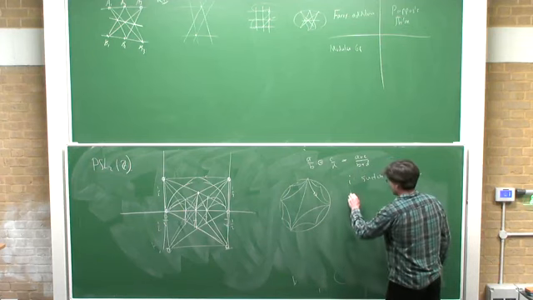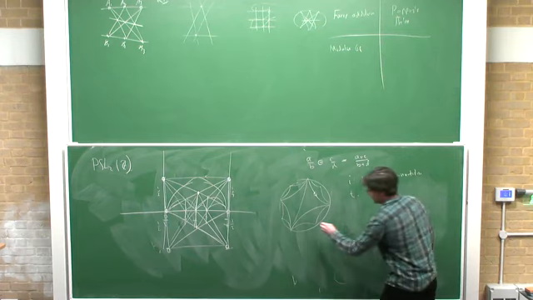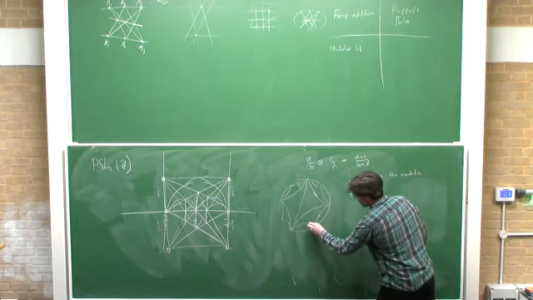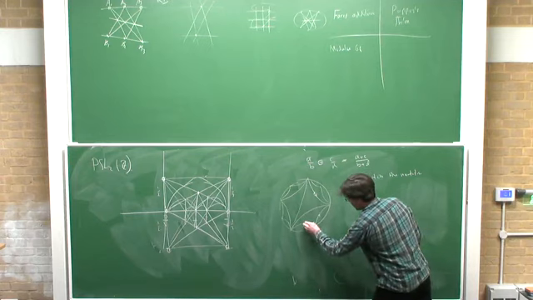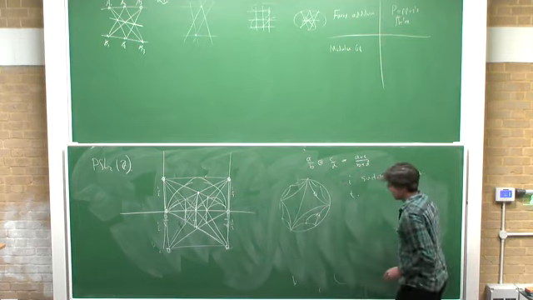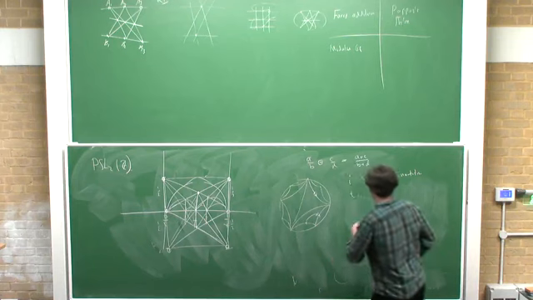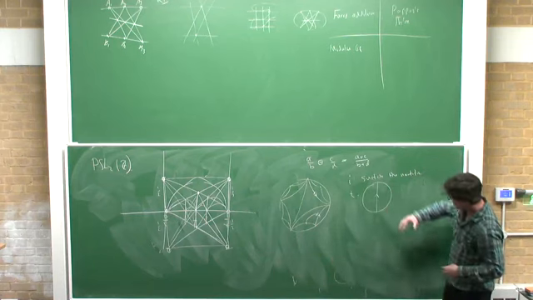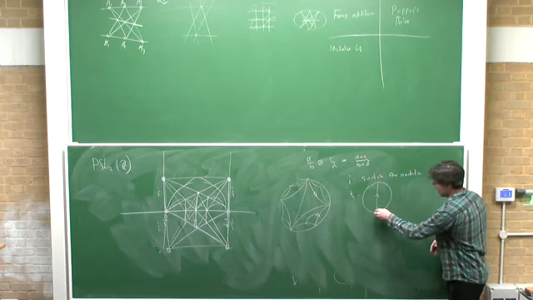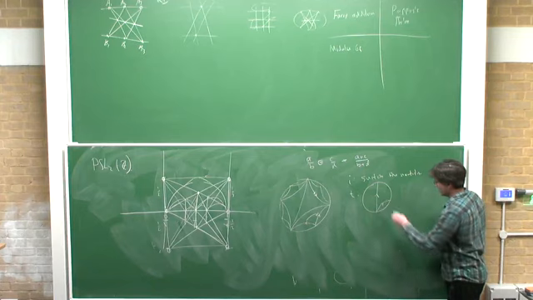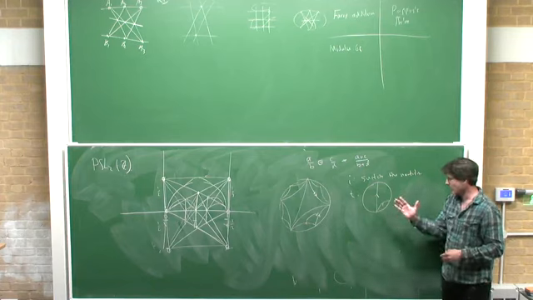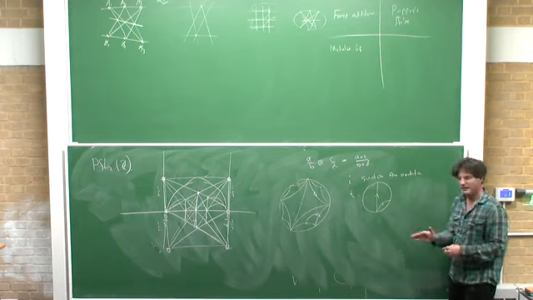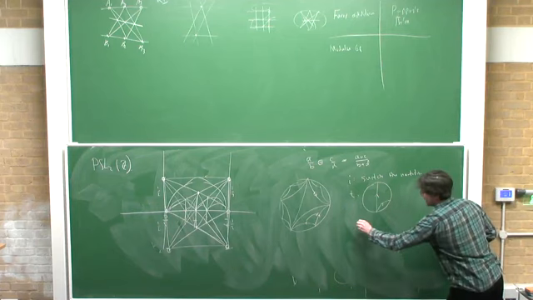Then there's an operation T. What T does, I'll draw it like this. T takes an oriented edge and rotates it one click clockwise about its tail point. So this is T. And then there's B.